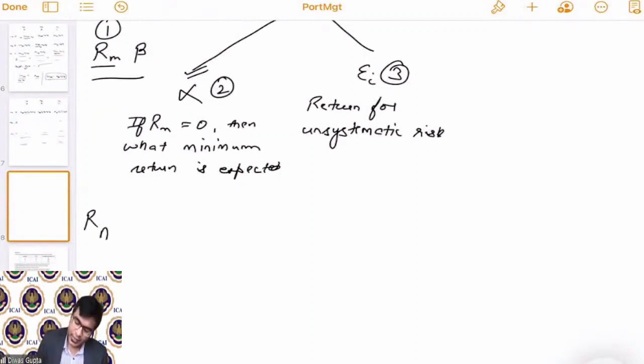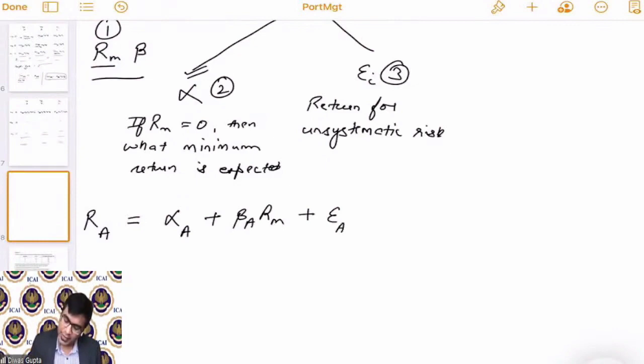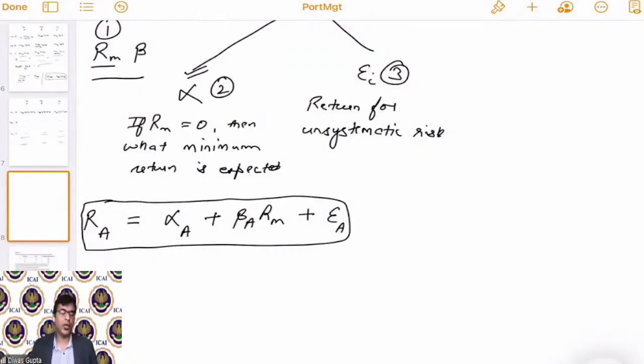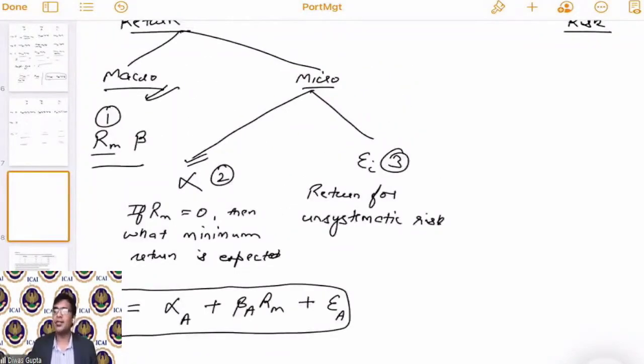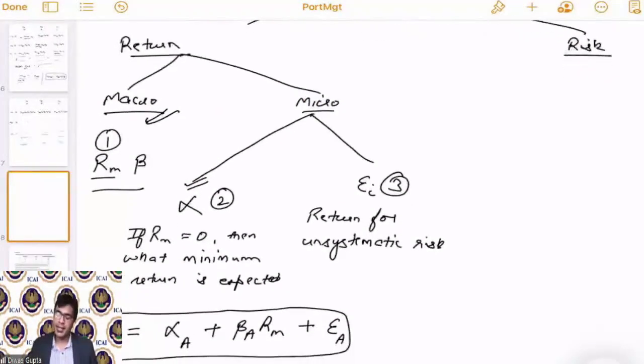Let's say return on A, if we are talking about a security A, is equal to alpha of A plus beta of A multiplied by RM, which is the return in the market, plus e-A, which is the return for unsystematic risk on account of security A. Very easy, very simple and very logical. So we have to remember that this is the formula given by the Sharpe index model. Okay, students?